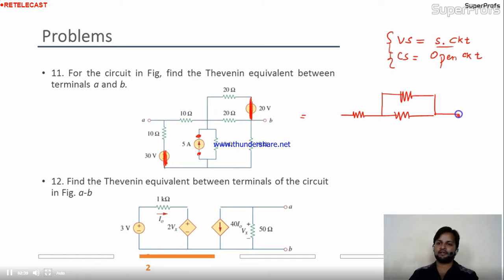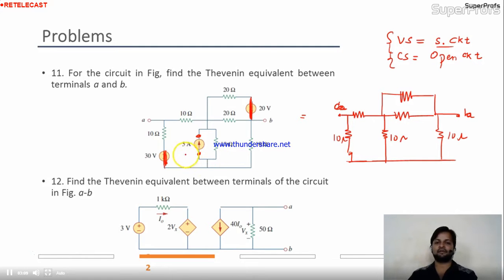This short circuited terminal, A, B is over here, and this is given as A and this is given as B. Now come to the point: here this is 10 ohm, this source is shorted, and here again 10 ohm resistance is connected, and here we have only 10 ohm, because the 5 ampere current source is turned off from the circuit, right? So the values are given over here. This is 10, this is 20, this one also 20, 10 and 10.